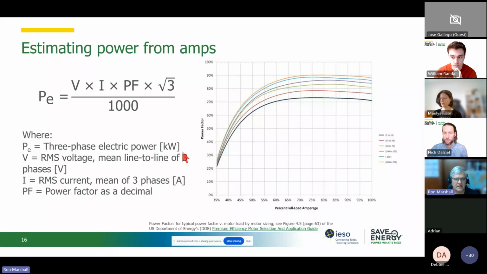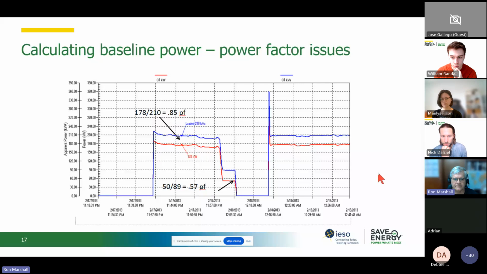So the next chart is just a snapshot of a load unload compressor. It's just kVA and kilowatts. So we can see here's the kVA, not including the power factor in the calculations. And here's the kilowatts.